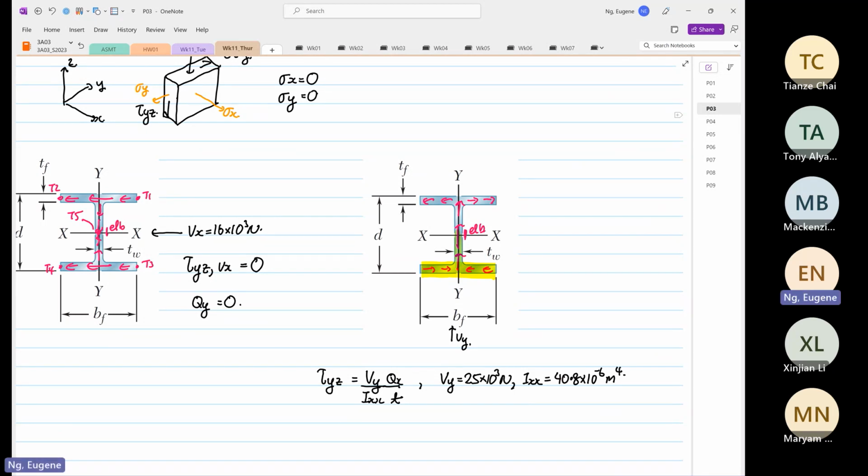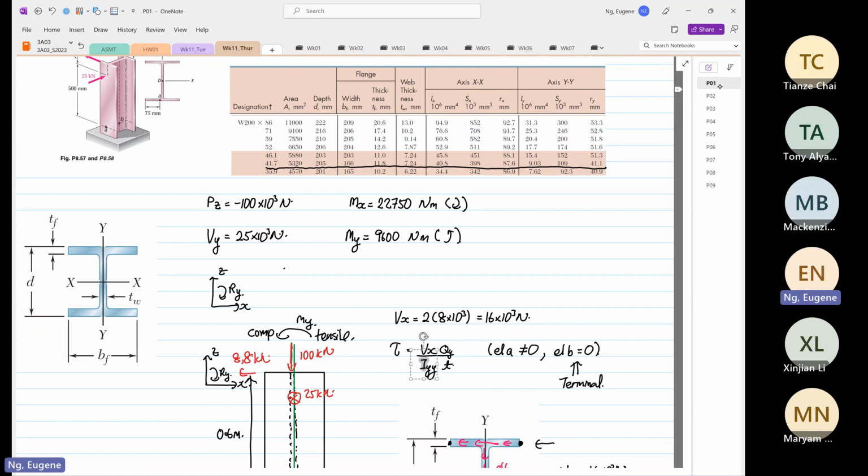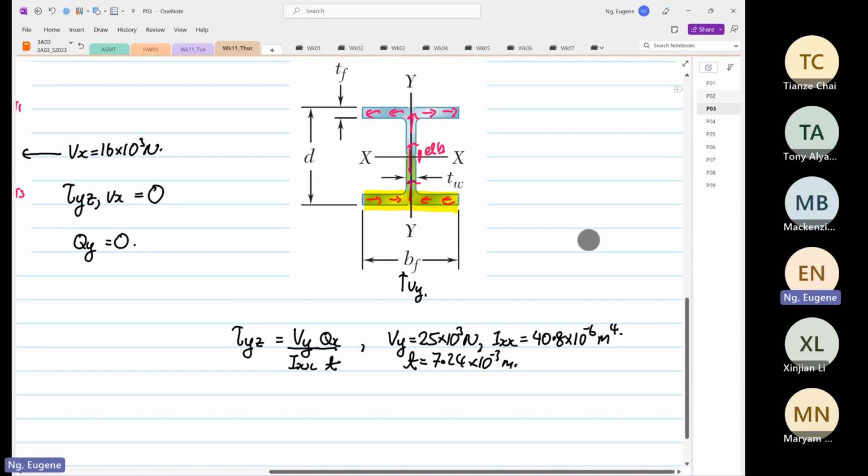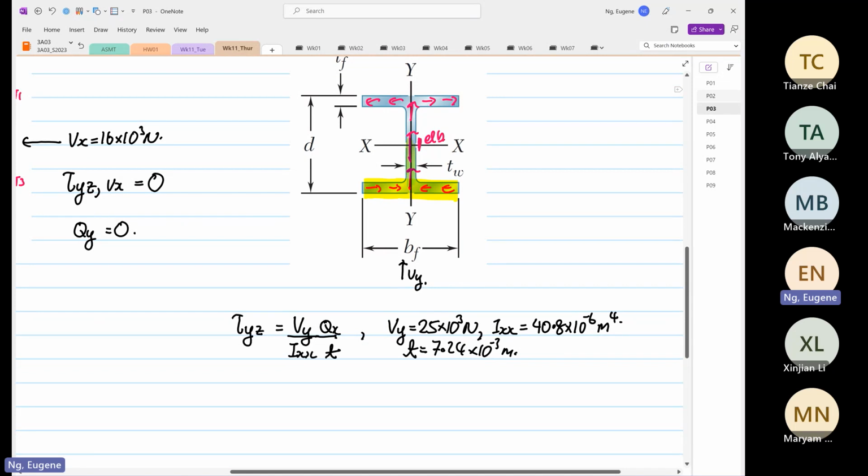And the thickness now is the thickness of the web, right? So thickness of the web is equal to 7.24. Right, now comes the not difficult, but a bit more work than normal.